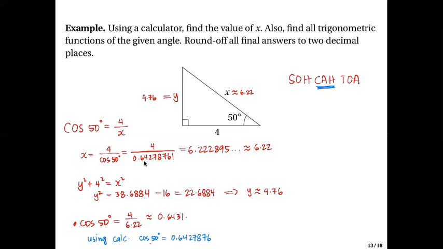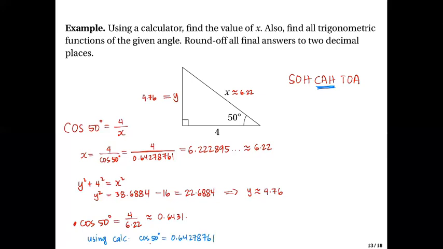But the actual value is 0.64278, there's a 1 at the end. But the point is, it's a big rounding error. Looks small, but in the sense of real numbers, this is still big. But at least this guy here and this guy here are close up to 2 decimal places. Okay?